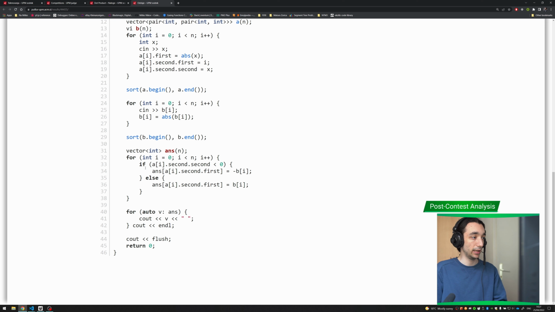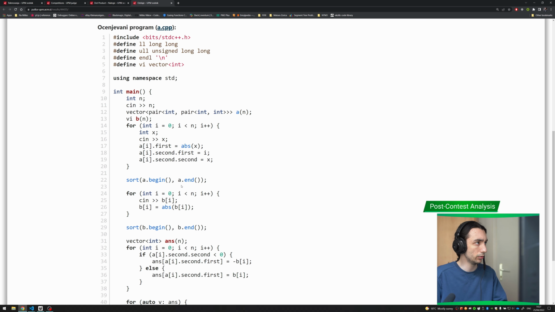And then what you want is to have some answer array and just match B and A. If A was negative, you put B negative. If not, you put it the other way around. And that is the solution, really.